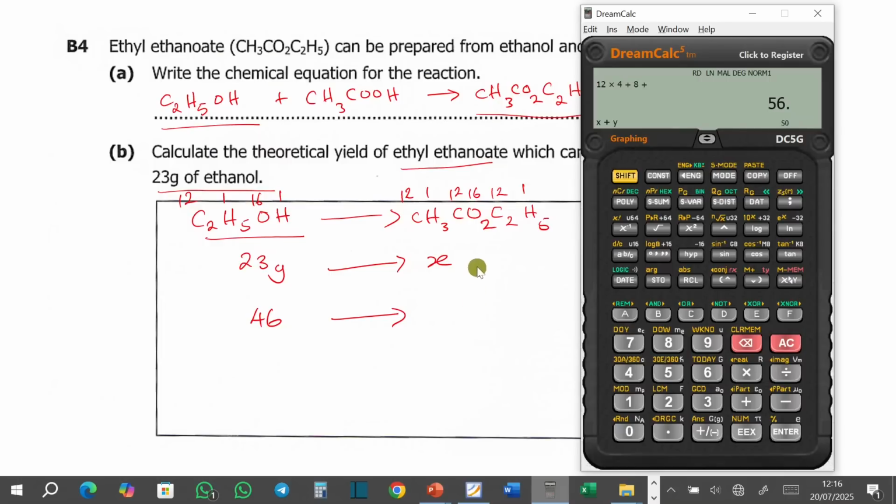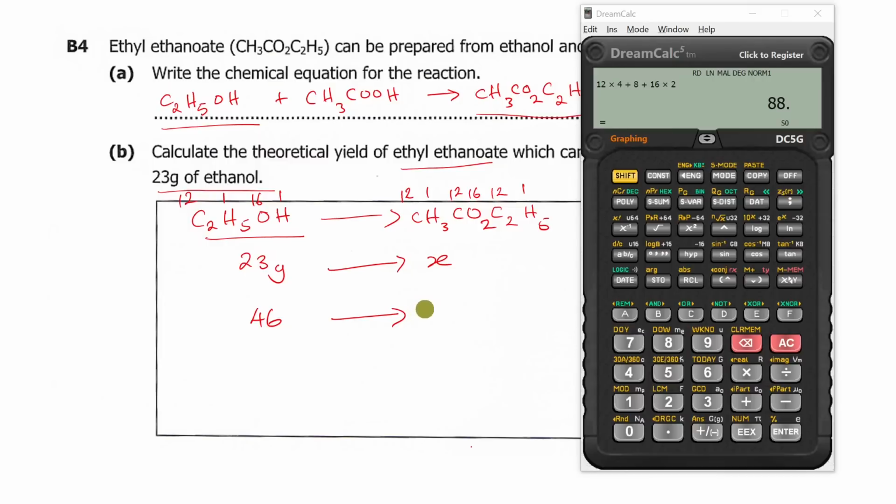Then I've done carbon and hydrogen, then oxygen there are 2, so 16 times 2. So I'm getting 88. I don't know whether I'm correct here, but what I'm doing is the process that you have to take. So say 88.